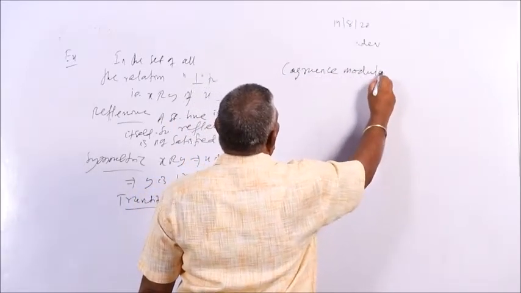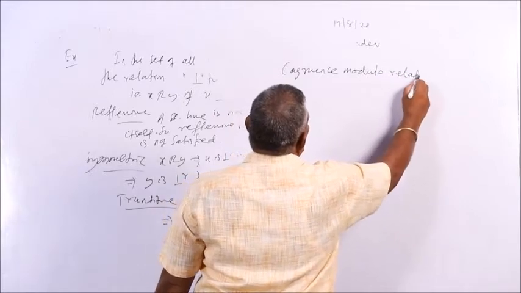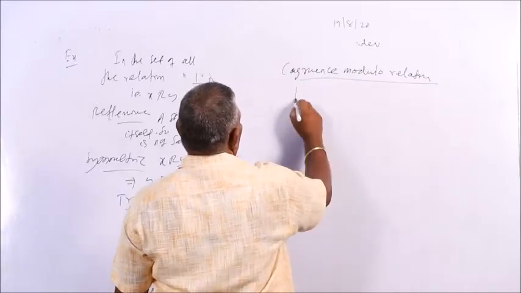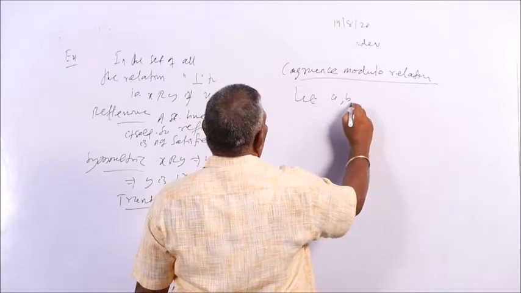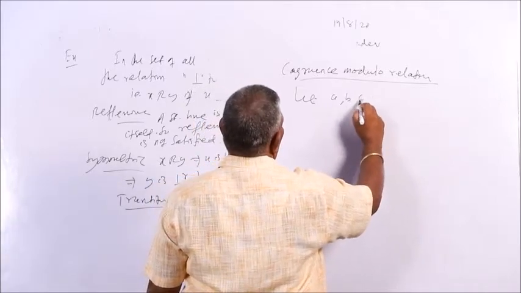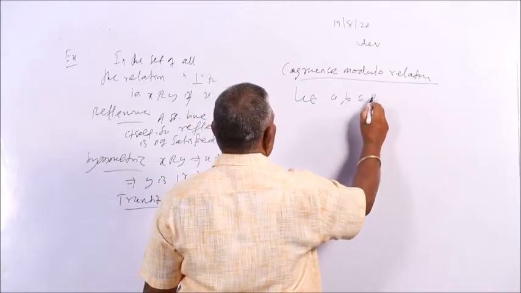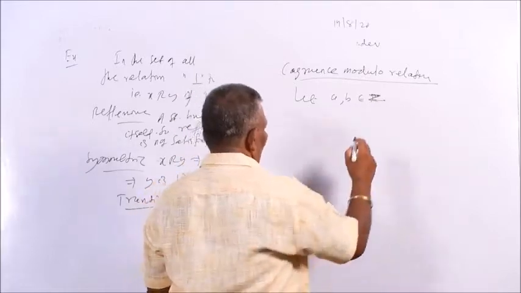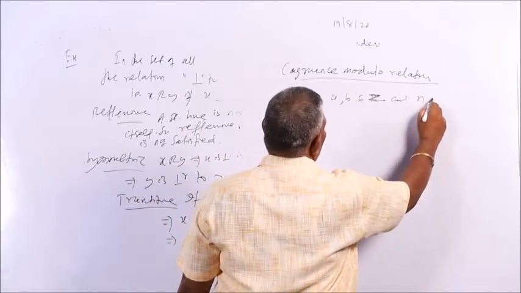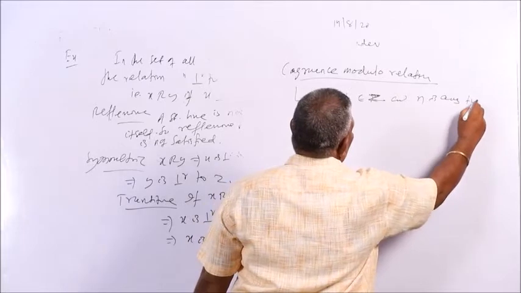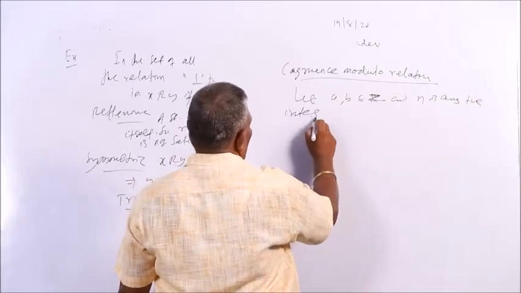Then we will discuss another relation, the congruence modulo relation. Let a, b belong to Z, and n be any positive integer.